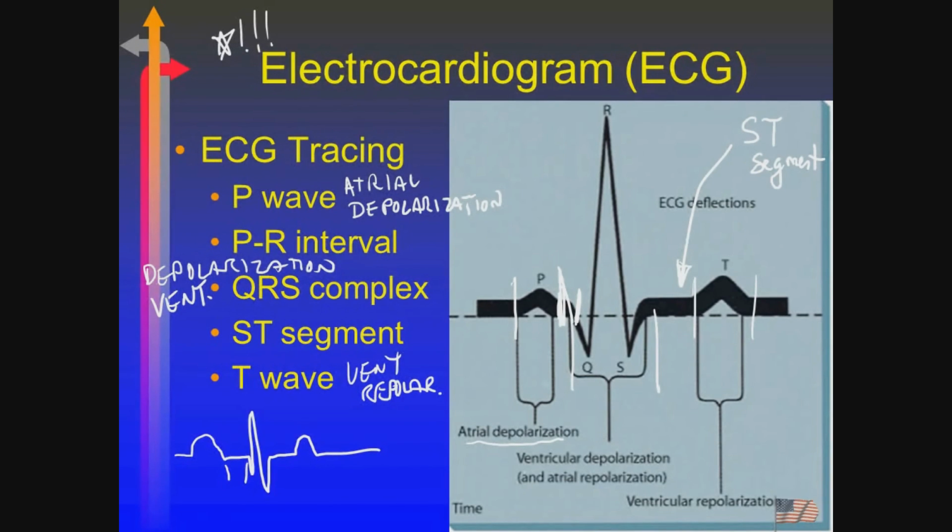Why do you think that is? No guesses? Who's got more mass, an atria or a ventricle? Well, ventricle, huge more. Much more muscle. So it's going to manifest itself far more pronounced than the little dinky atrium that is there.